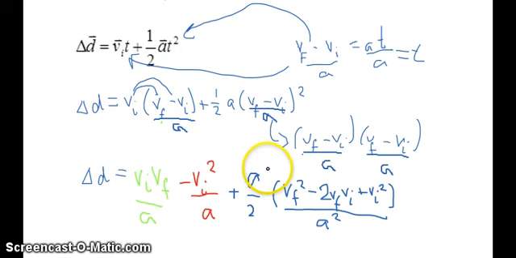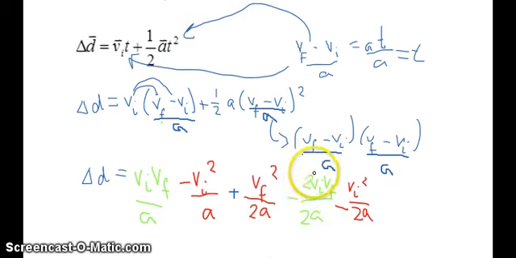That cancels out. This A is going to cancel out with one of these A's. And this 2 can come over here to join. Cancel out your A's, distribute your 2, and see if anything matches up. Hold on, check this out.